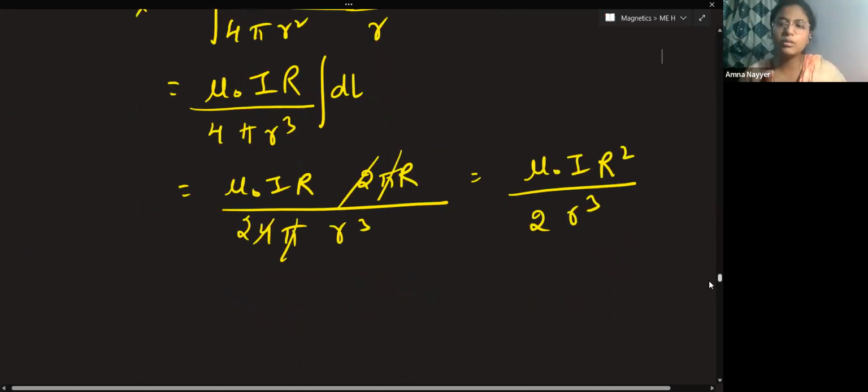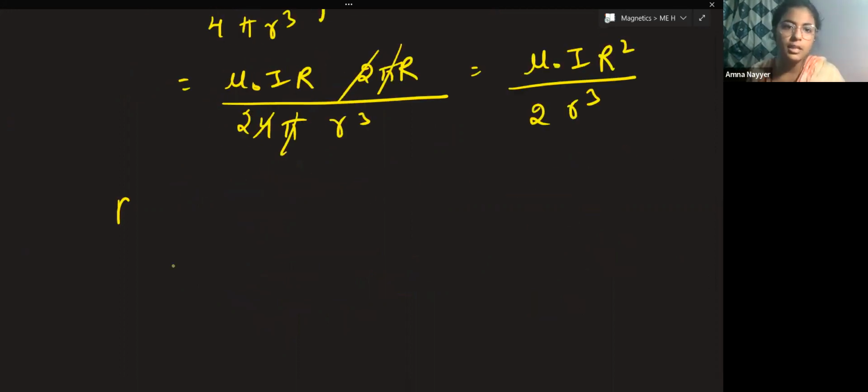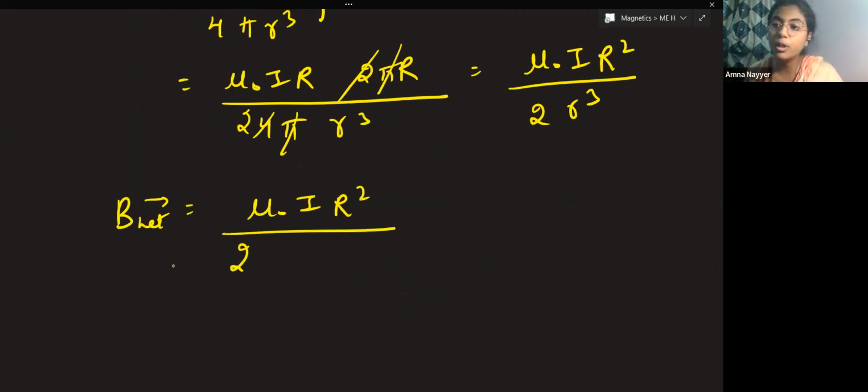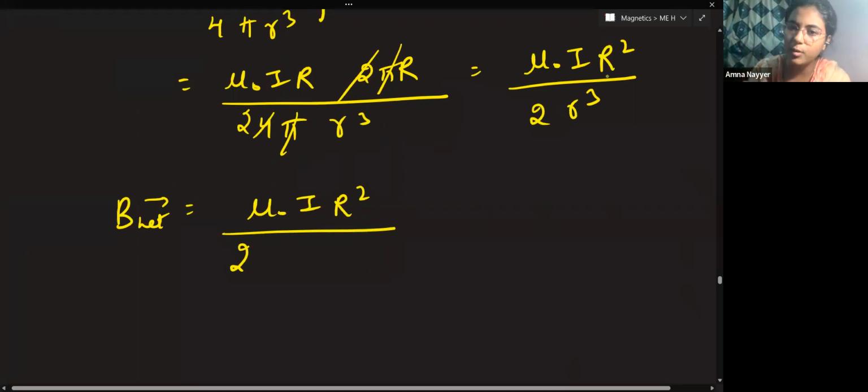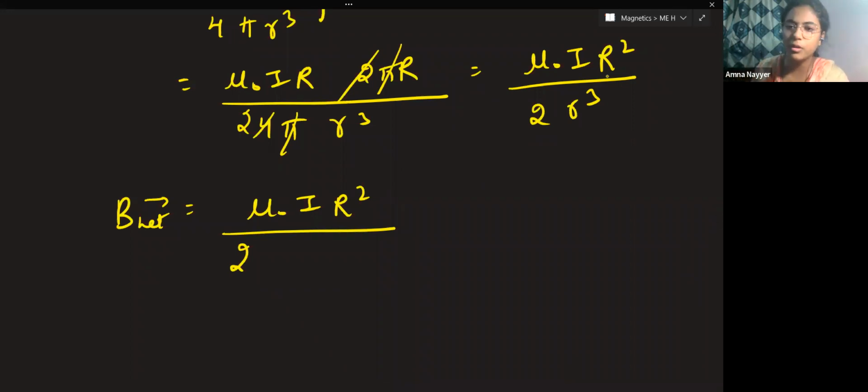Fine, class. Before we end this, one last thing. Net magnetic field will be By plus Bx. By is already 0, so the total magnetic field will be this only. So net magnetic field will be mu naught I capital R square divided by 2. Now put the value of small r, which was under root x square plus capital R square, the hypotenuse we were obtaining.